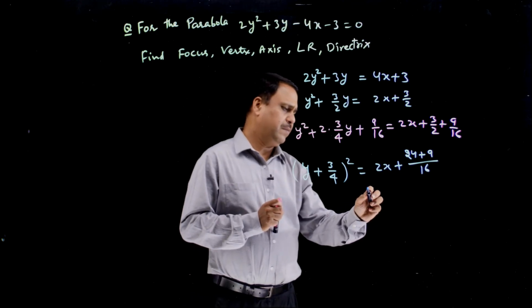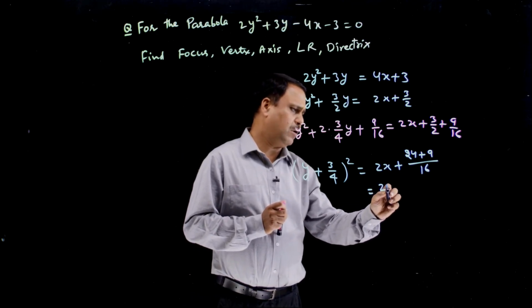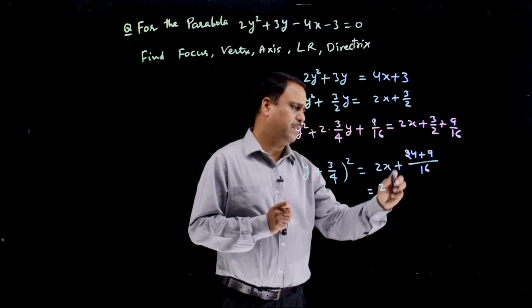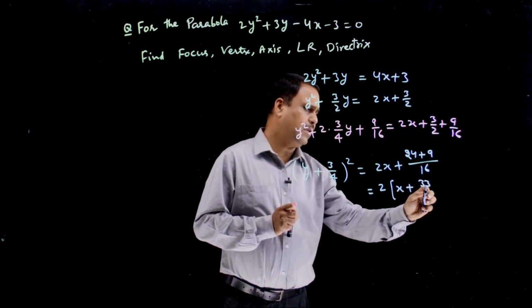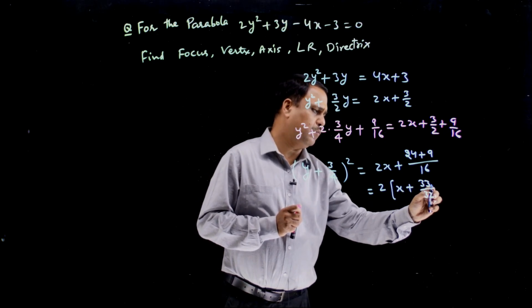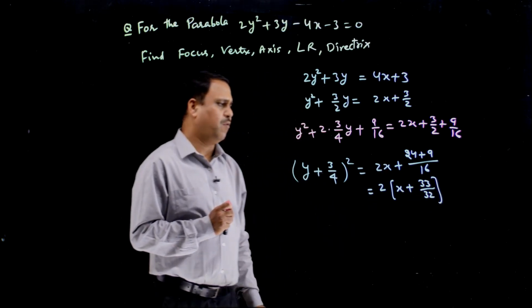So we can write this as 2 outside, (x + 33/32). We can write it in this form.